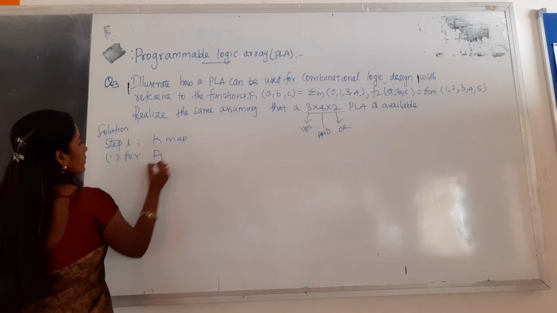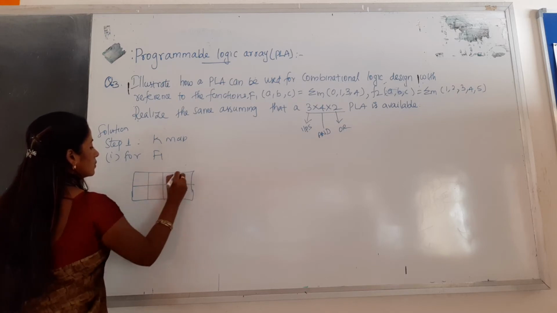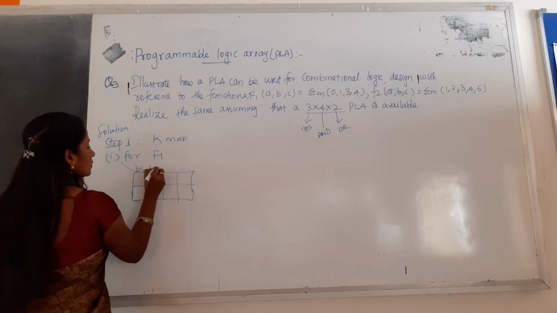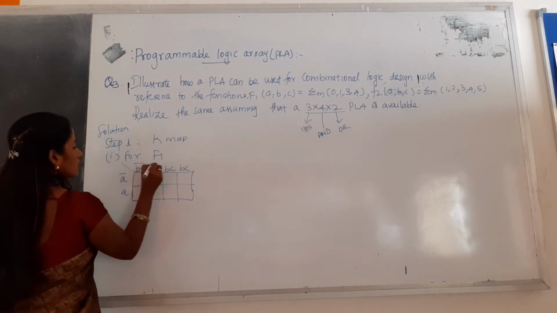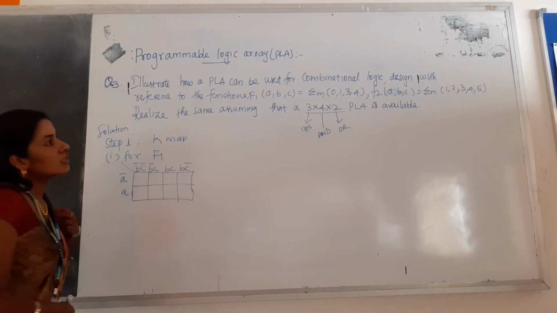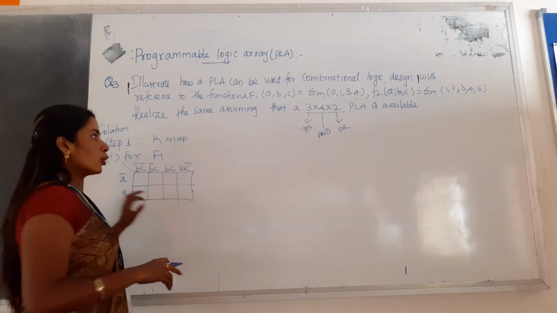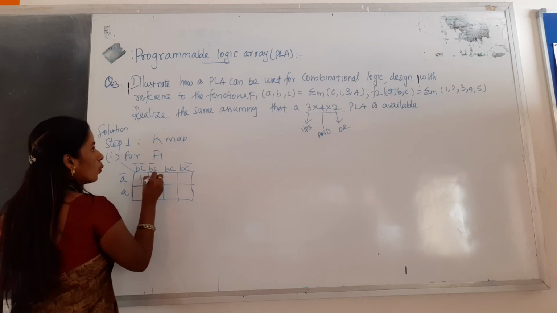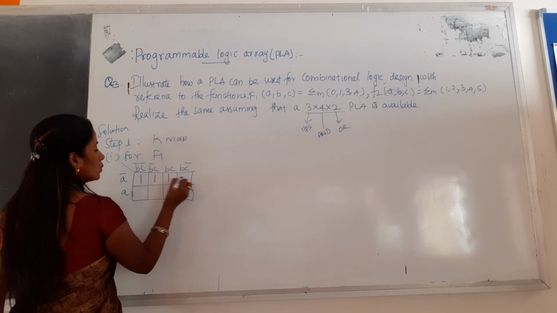For F1 first. Minterms 0, 1, 3, 4 are all one outputs.